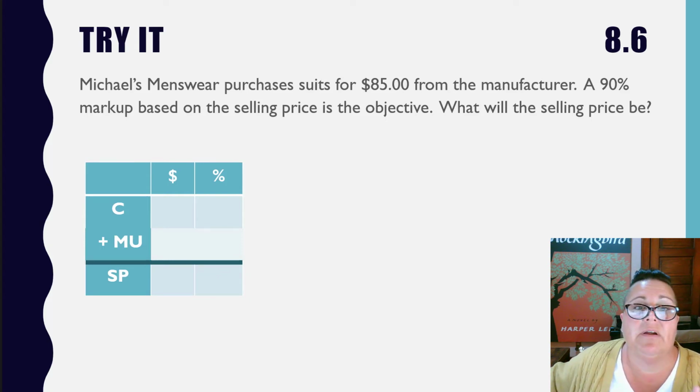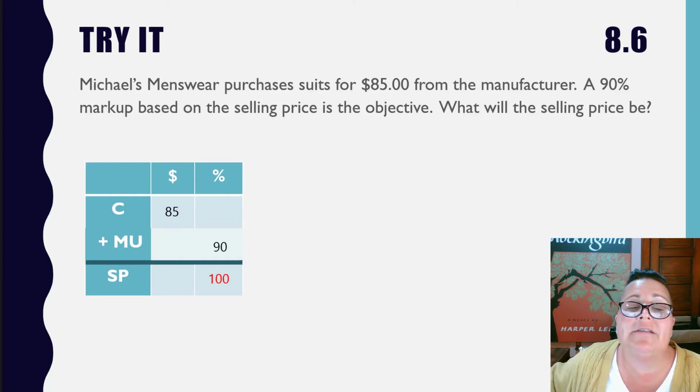Since this is a markup based on selling price, we need to make sure to put a 100 in the percent of the selling price, because the selling price is our base. It gets to be the 100%. Mining information from the problem itself, we get that the cost of the suits is $85. We know that the percent markup is 90.